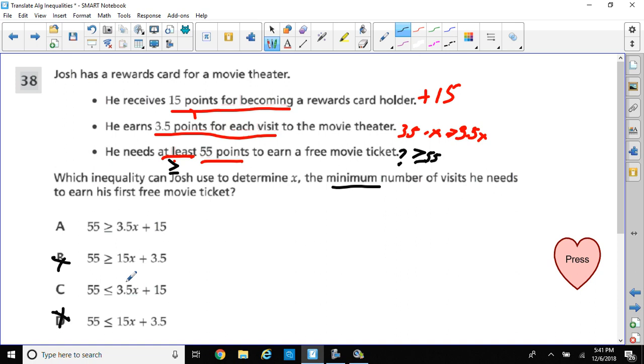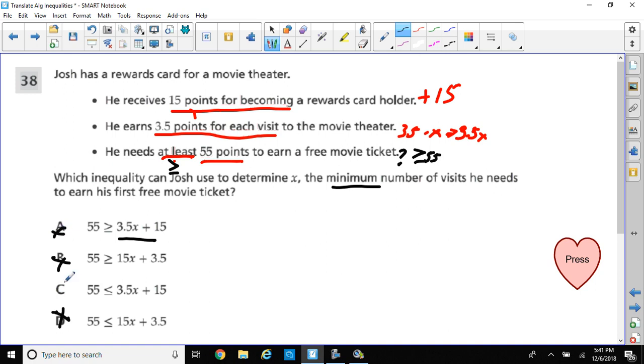Plus 15. Now it's a matter of seeing which sign to use. The stuff that he does has got to be greater than 55. This one is saying 55 is greater than the stuff he's doing, visiting the movie theater. That's not going to be it, because what he's doing is not less than that. So A is a bad choice.